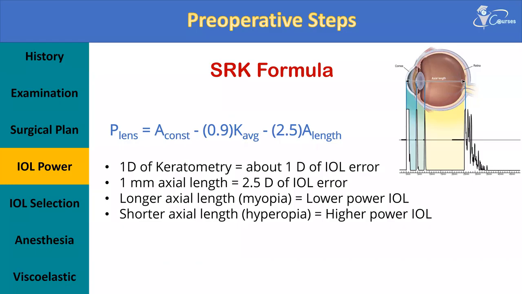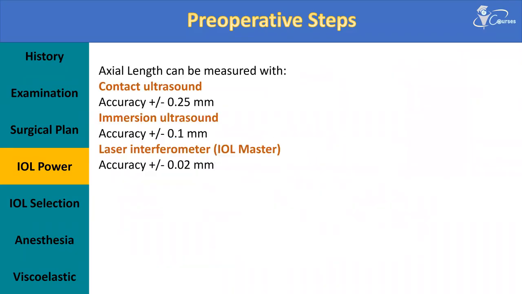If the patient has a short axial length or hyperopia, we need a high power intraocular lens to compensate for this hyperopic shift, like 28 or 30 if the patient has high hypermetropia. The more the hypermetropia, the more the intraocular lens power. So this is the relation between the different variables.